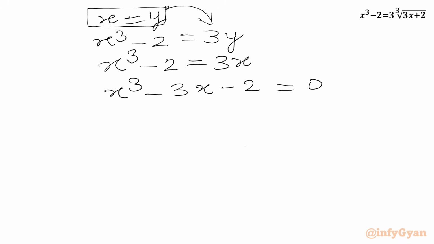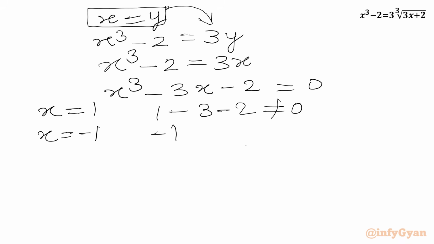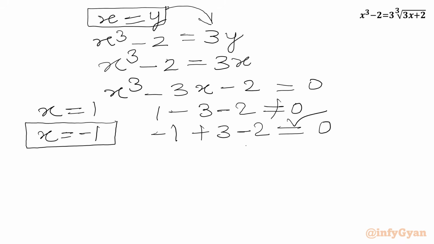If I plug in x equal to 1, will it satisfy our equation? No: 1 minus 3 minus 2 is not 0. If I plug in x equal to minus 1, I can write minus 1 plus 3 minus 2. Yes, this satisfies our equation. So x equal to minus 1 is our base solution to this cubic equation.